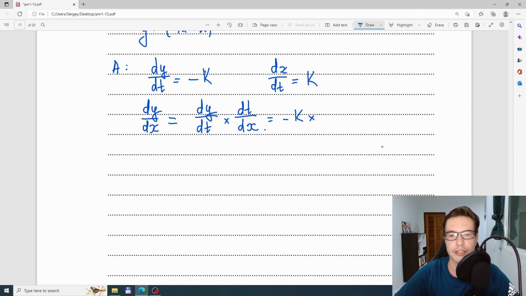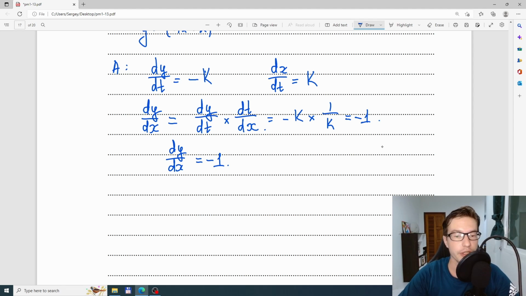And we know that dx over dt is k, so if I flip it over, I get dt over dx, which is 1 over k. So all in all, we get minus 1. So what we know from here is that dy over dx equals minus 1. And that's going to be our key equation to find point A.